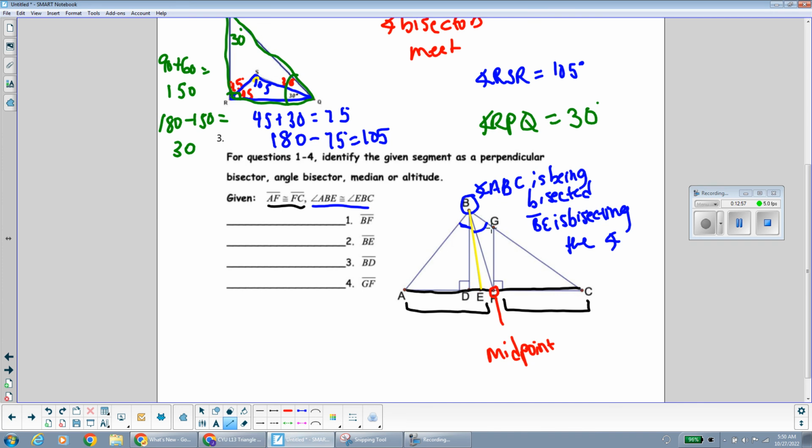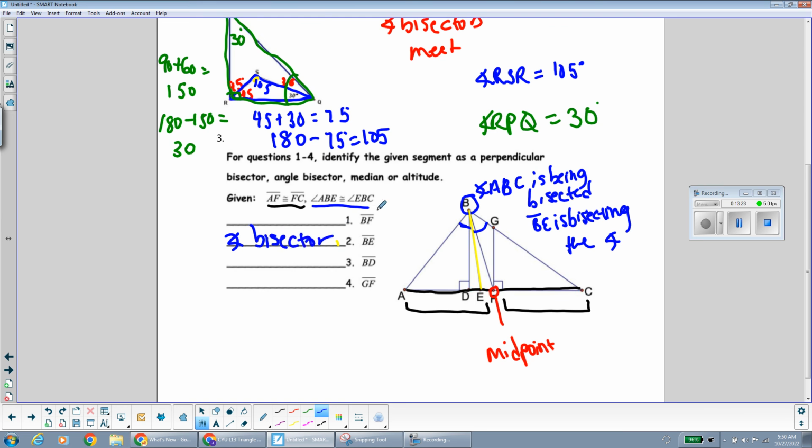That is where the congruent pieces meet. That is where the two angles are being split in half. So I see that we've already answered what BE is just from looking at the diagram and drawing conclusions from our givens. BE is an angle bisector.